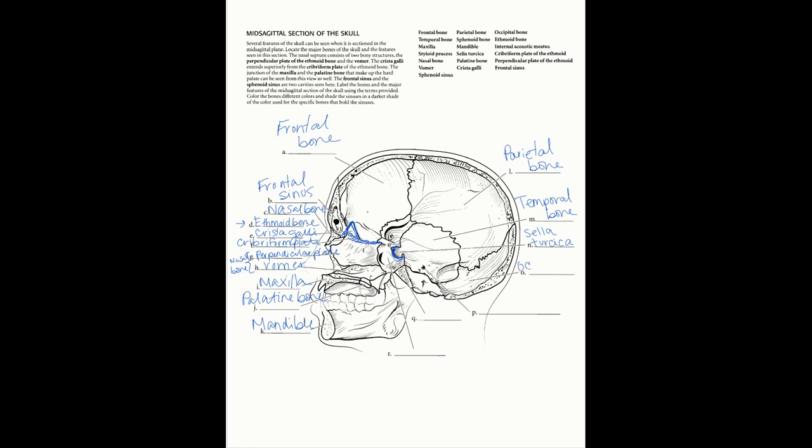O is the occipital bone. P is going to connect with our external portion. This is going to be our internal acoustic meatus.